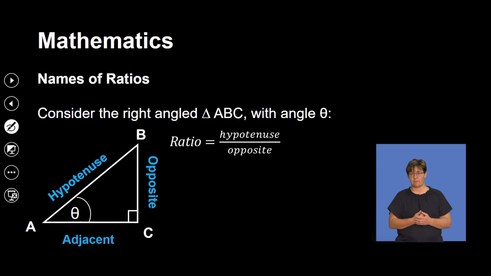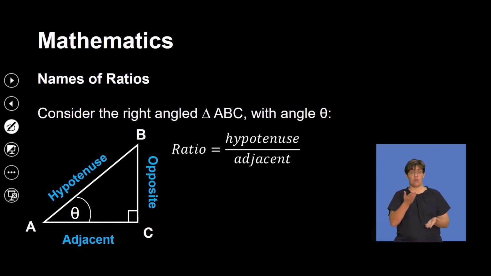Now, if it's hypotenuse over opposite, remember I said tip and times. We call this cosec, and the full word for it is cosecant of theta. If our ratio is hypotenuse over adjacent, we call it sec, and this is secant of theta.